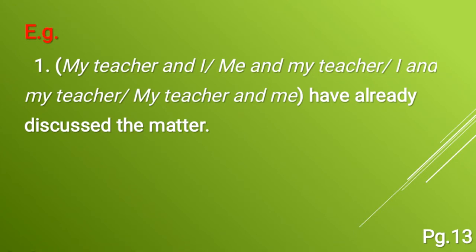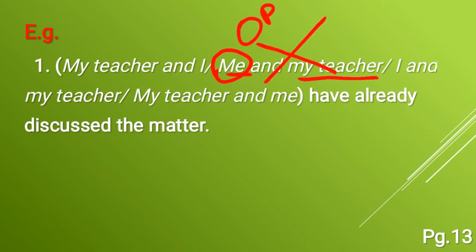Okay children? And the next, subject pronouns. Me and my teacher. You know that me is object pronoun. Yes, so you should not use it in the beginning of the sentence. So this is wrong. And I and my teacher. Next one, I and my teacher. Yes, here two subject pronouns are written together. Isn't it children?